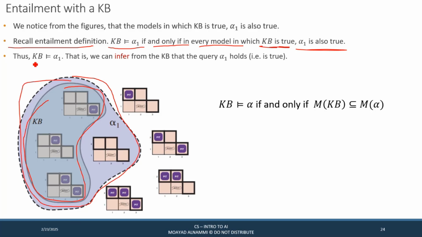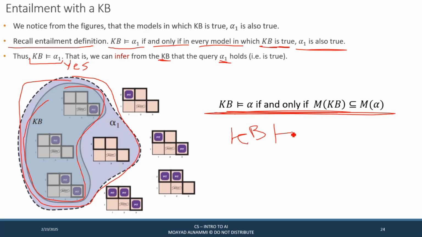What this tells you is, does the KB entail alpha 1? The answer is yes. We can infer that because the KB is true, it follows that alpha 1 is also true, because this condition holds. So we have a KB, we ask the question, does the KB entail alpha 1?